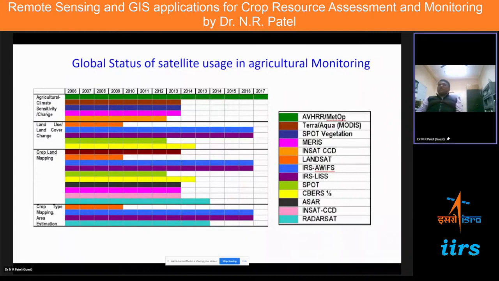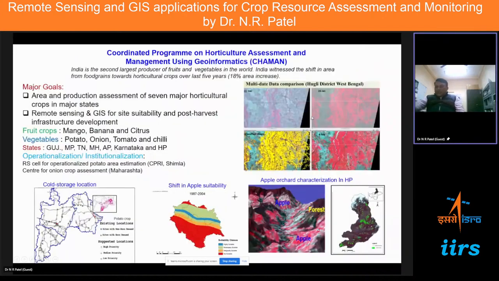So nowadays, remote sensing data are going to provide a tremendous input for understanding Earth observation signals for climate change. Then land use land cover change, cropland mapping, crop type mapping, all are possible. Different kinds of satellite data, Indian remote sensing as well as coarse resolution satellite data, microwave remote sensing data, and other foreign satellite data, all have tremendous application in the future also. So that is all about this.